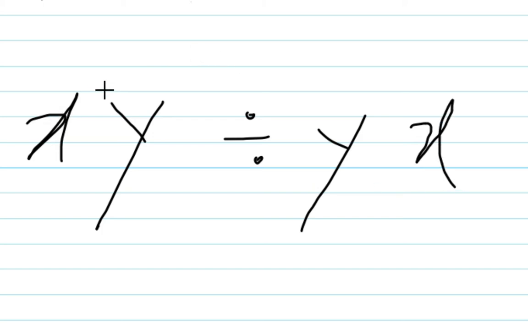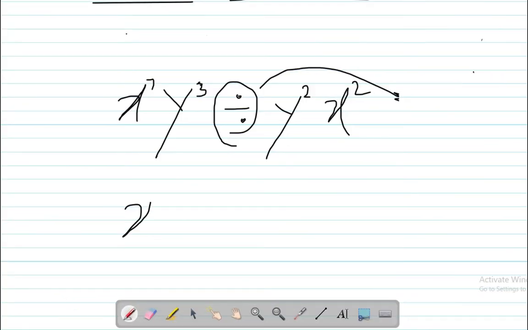And let's consider this x has a power of 7, while this y has a power of 3, and this y here has got a power of 2, and this x here has got a power of 2 as well. Now in this case, we are going to subtract, as there is a division sign over here. The power of x is going to be 7 minus 2, which is 5, as you know, and the power of y is going to be 3 minus 2.